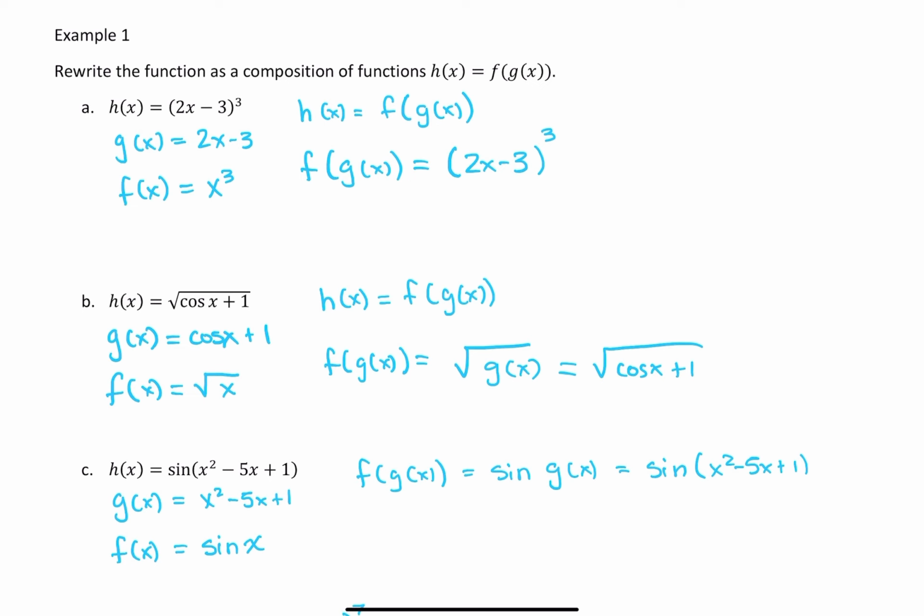And if we do something similar for option A, we would have gotten g of x cubed, which would be (2x minus 3) to the third power.